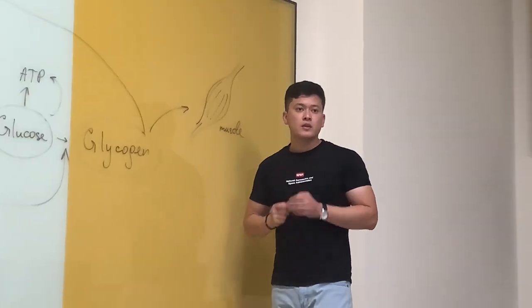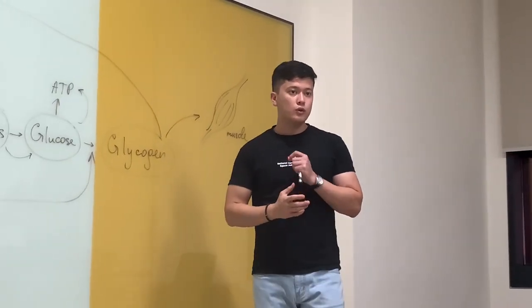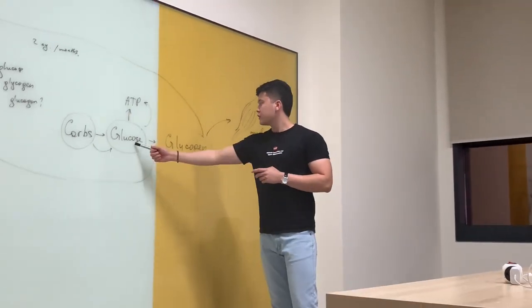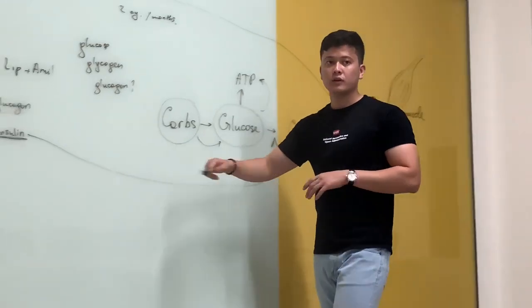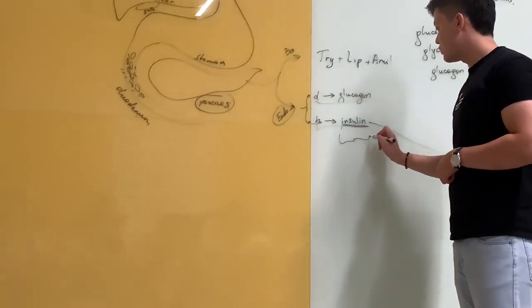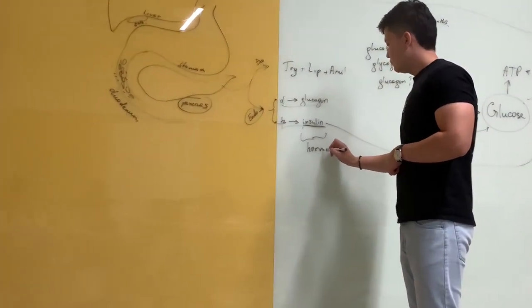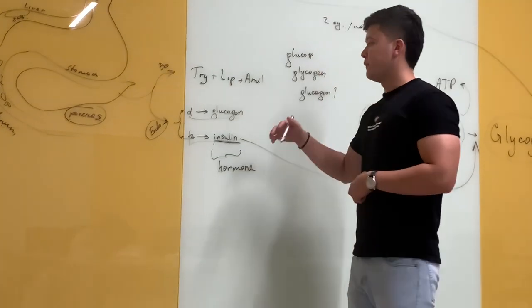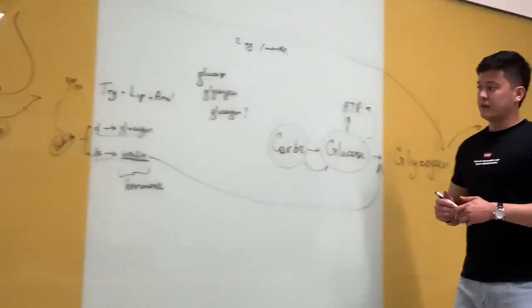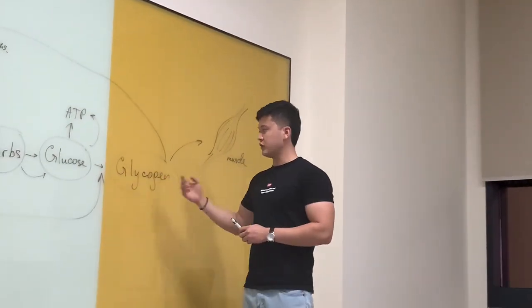So we have two options to store the glucose. Glucose is first converted to glycogen via which hormone? Via insulin. Via insulin, the glucose is converted to the glycogen.